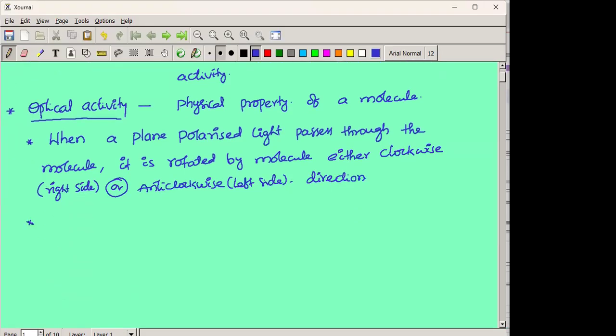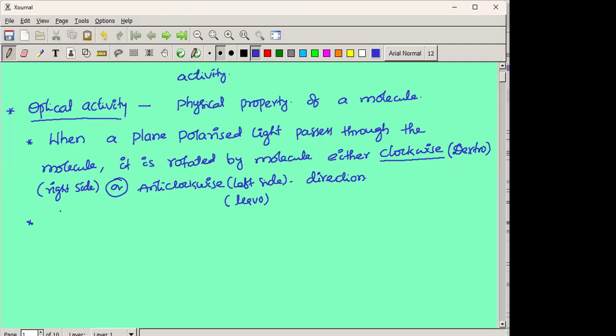If the rotation is in the clockwise direction, that is called dextrorotatory. If it is anti-clockwise, that is levorotatory. So the two kinds of rotations are dextrorotation and levorotation. Simply, the rotation of plane polarized light is called optical activity.